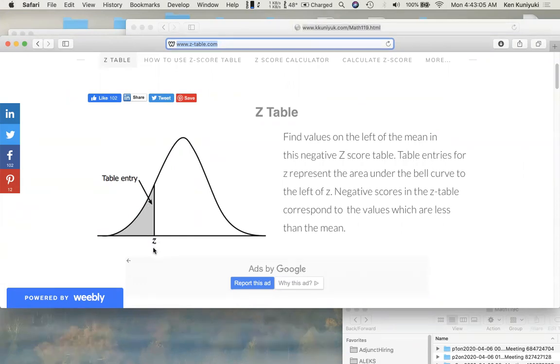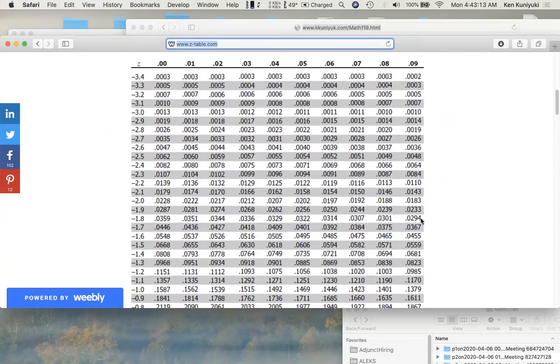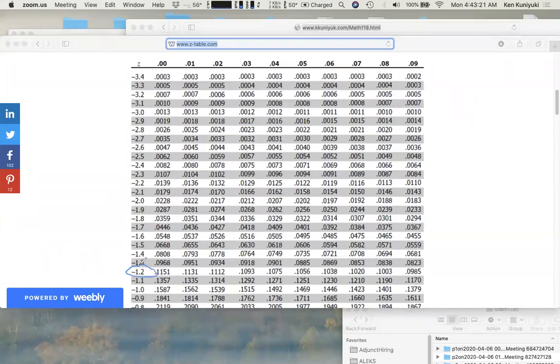Okay, so the z-table gives you these left-tail probabilities, these cumulative probabilities for a given z-score. Remember, we're curious about the case where the z-score here is negative 1.24, and we want to know this probability or area here. In the left column, you look for negative 1.2, the integer part and the tenths place. And then for the hundredths place, you would look up north, up here, and here you have the 0.04.